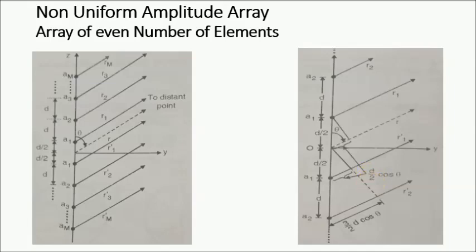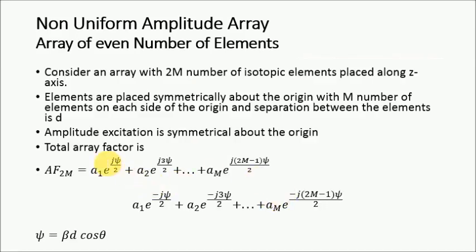So in the case of the array factor we have psi by 2. In the second case it becomes 3 by 2. Now from these two relationships we can write down the pattern at the mth level, which is equal to (2m minus 1) divided by 2. You can put here m equal to 1. Then we have 2 minus 1, that is 1, and we get this condition.